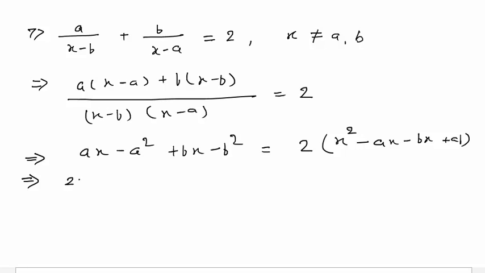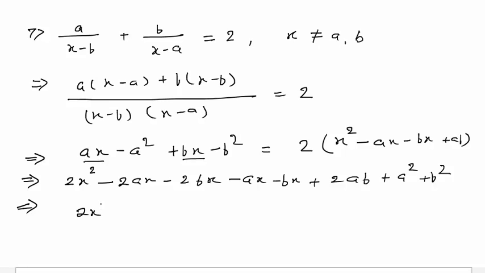I will get 2 times x square, then minus I have 2 times ax minus 2 times bx. This ax and bx will move on that side, and I have minus ax minus bx.